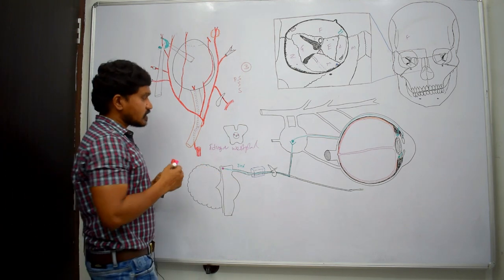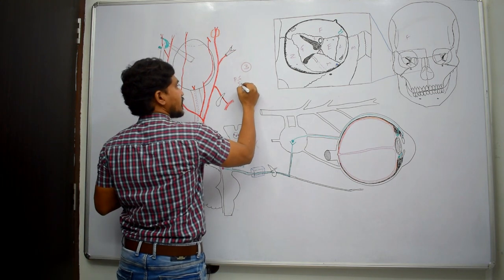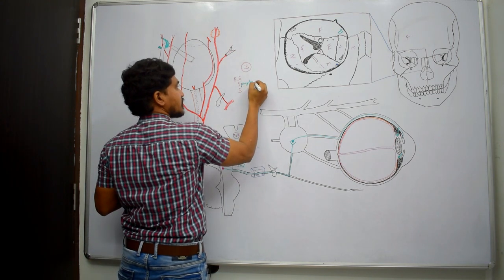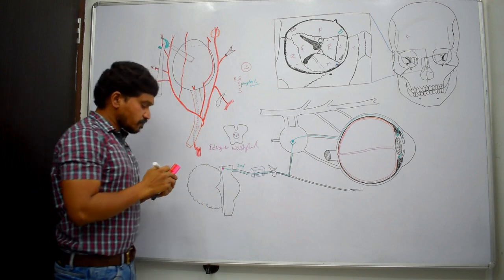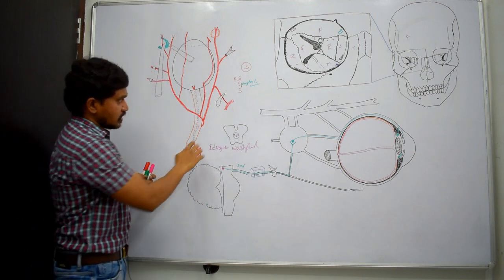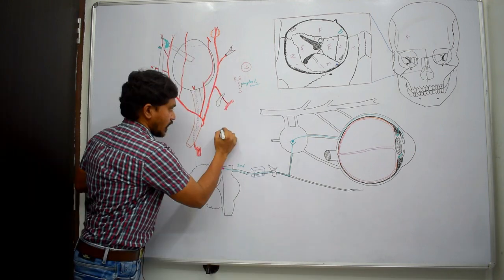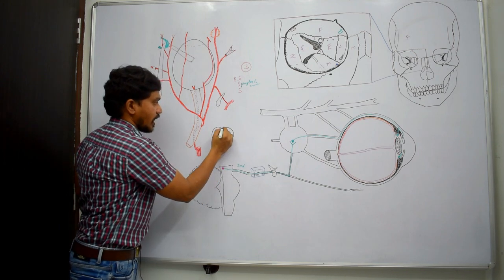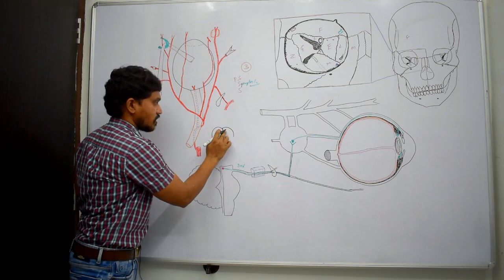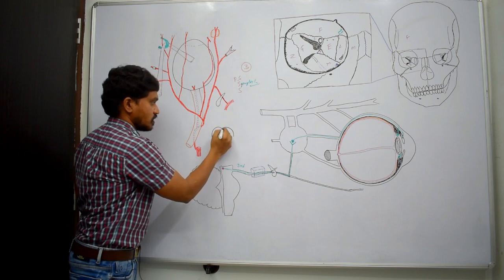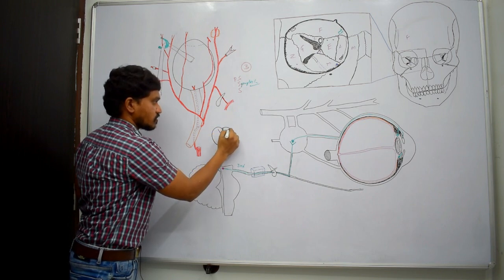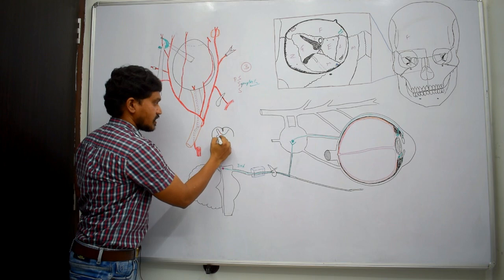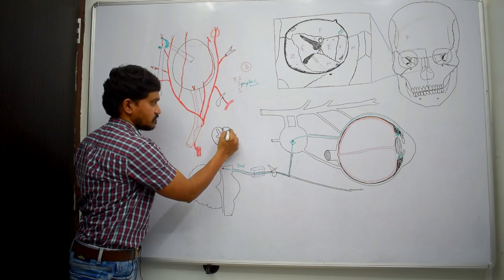Then what is the other root? Sympathetic root. I am removing this. I am drawing the spinal cord. The spinal cord has the anterior horn, posterior horn and lateral horn also. Is it? So sympathetic nerve fibers are arising from the lateral horns of the spinal cord.